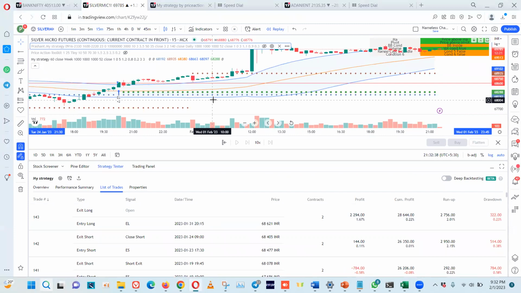Just 1 minute. I will log in from another system as well so that I will be able to see what is visible. Can you see this? Yes. So this is silver.